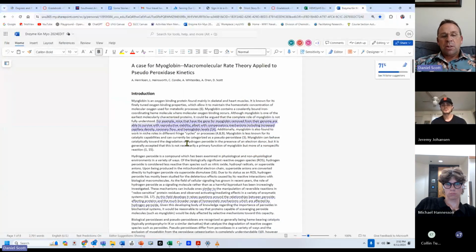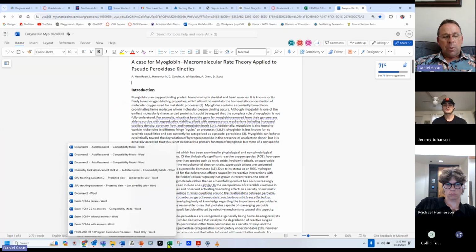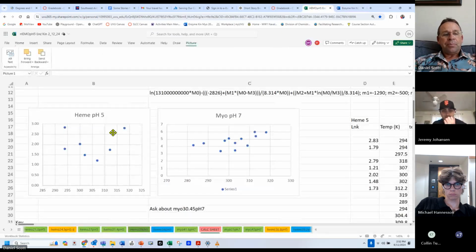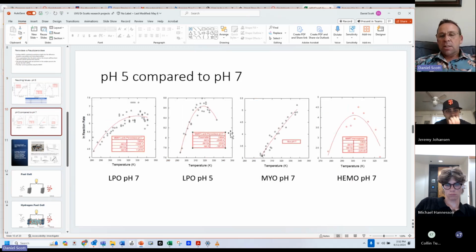So this paper will be ready to pivot towards that. Really, the only data points that we needed to top this one off, that we were hoping to have, were the hemoglobin pH 5, and that's it. The myoglobin pH 7 was trying to really ensure that this data was correct, because it just seems like it doesn't fit.